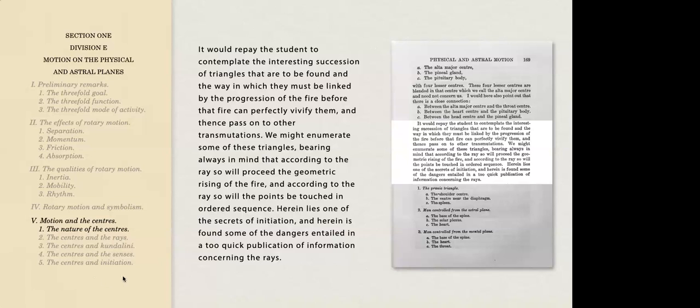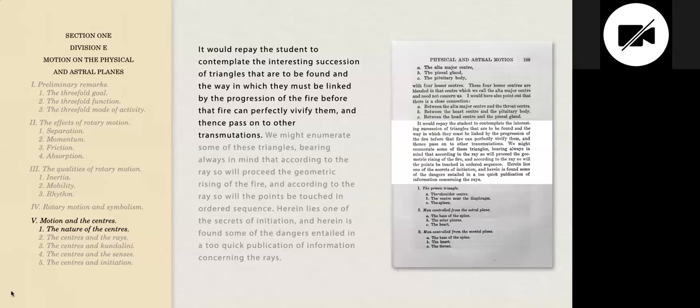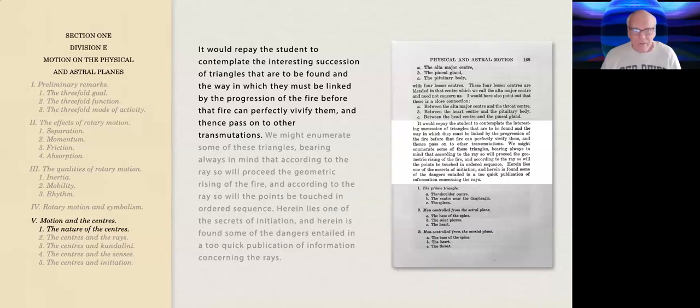Thank you, Nisa. So first, it would repay the student to contemplate the interesting succession of triangles that are to be found and the way in which they must be linked by the progression of the fire before that fire can perfectly vivify them, and thence pass on to other transmutations.